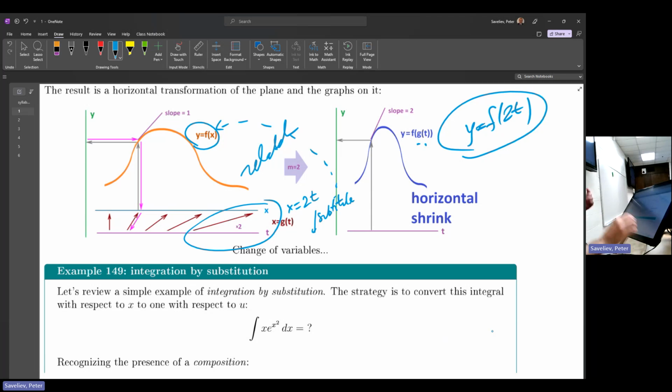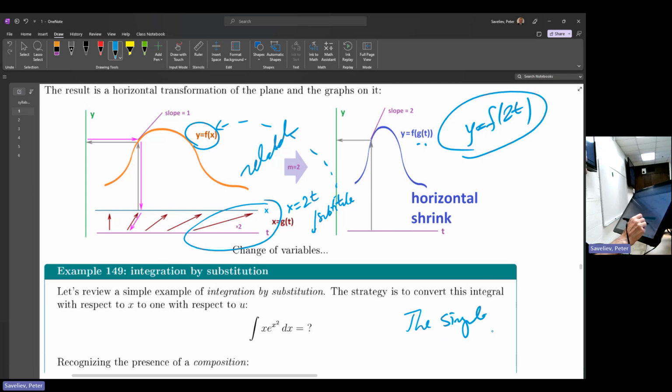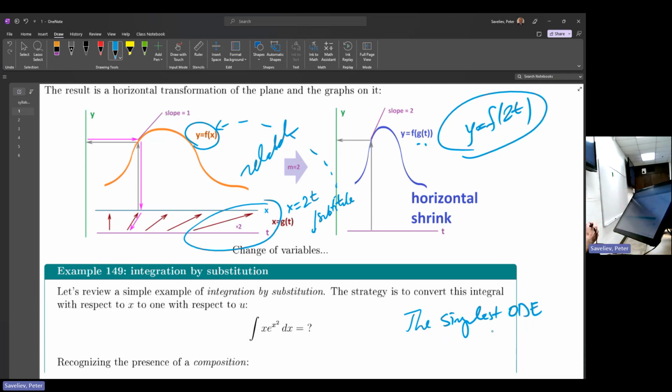The same story happens with integration, except, remember that integration is the simplest ODE. An ODE is an integral. Okay, so what's the ODE? What's the ODE that corresponds to this integral?